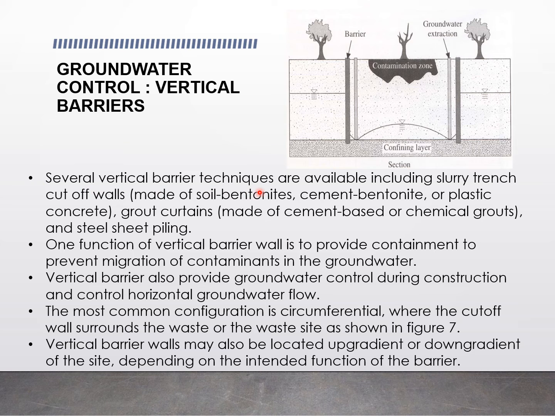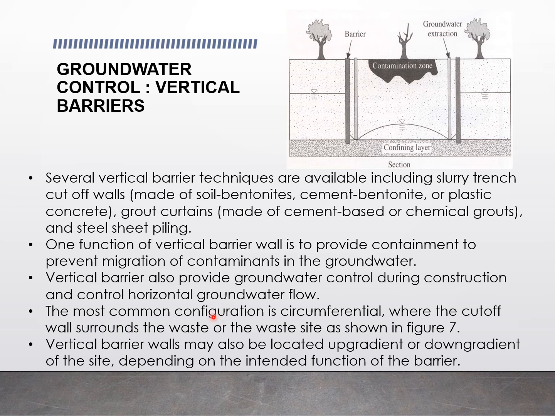Several vertical barrier techniques are available, including slurry trench, cut-off walls, beds of soil bentonite, cement bentonite. There are many materials, and also grout curtains. One function of a vertical barrier wall is to provide containment to prevent migration of contaminant. Vertical barriers also provide groundwater control during construction and control horizontal groundwater flow.